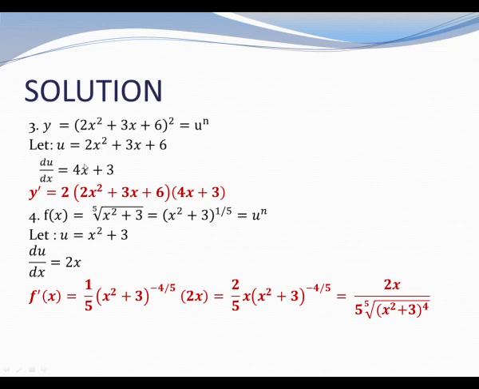Bring down 2 multiplied by 2, that will be 4, and then subtract 1 from the exponent, so this is now simply equal to x. And then the derivative of 3x is now equal to 3 because the derivative of x with respect to x is 1, and the derivative of 6 as a constant is 0.